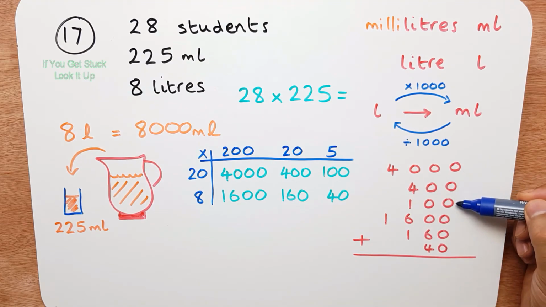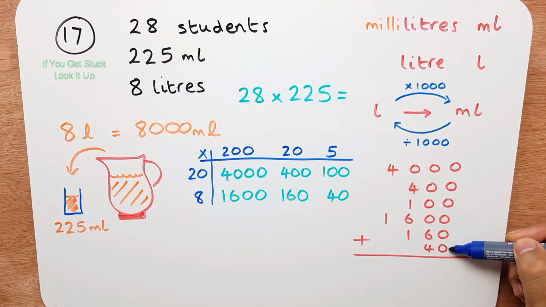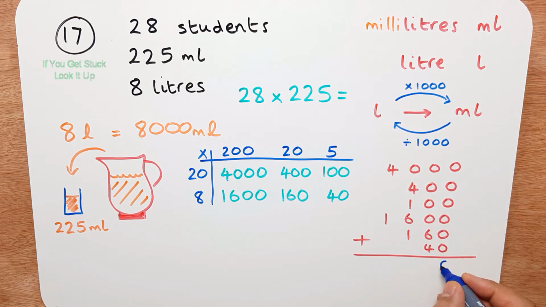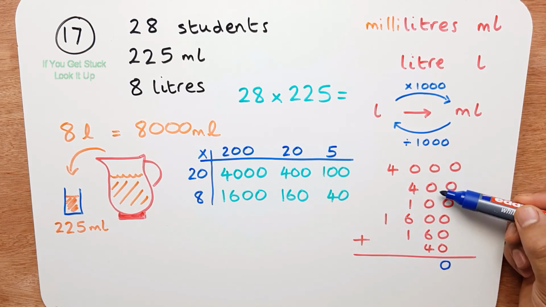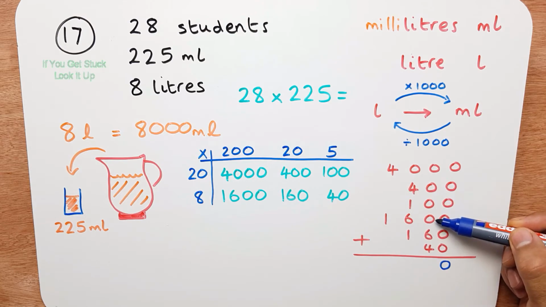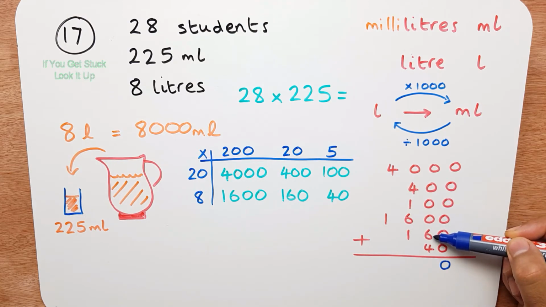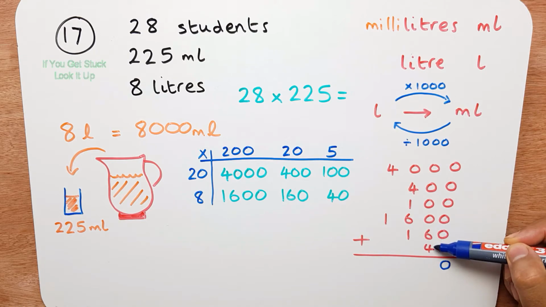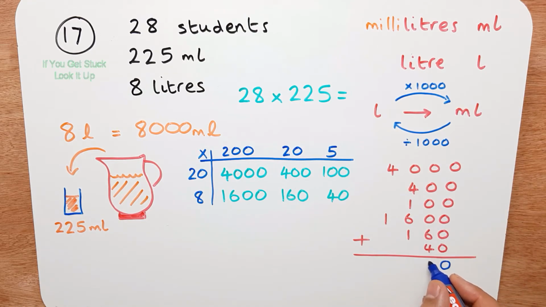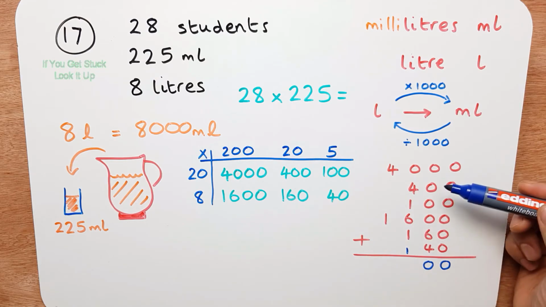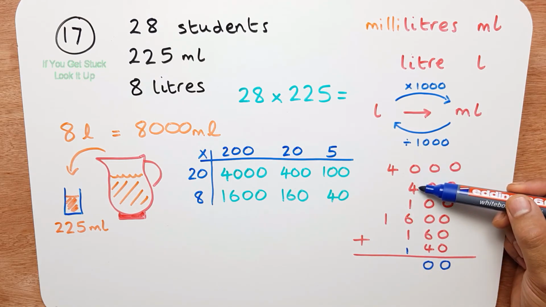0 add 0 add 0 add 0 add 0 add 0 is simply 0. 0 add 0 add 0 add 0 is 0. Add 6 is 6. Add 4 is 10. So I put the 0 down here and I carry the 1 over to the next column. 0 add 4 is 4.